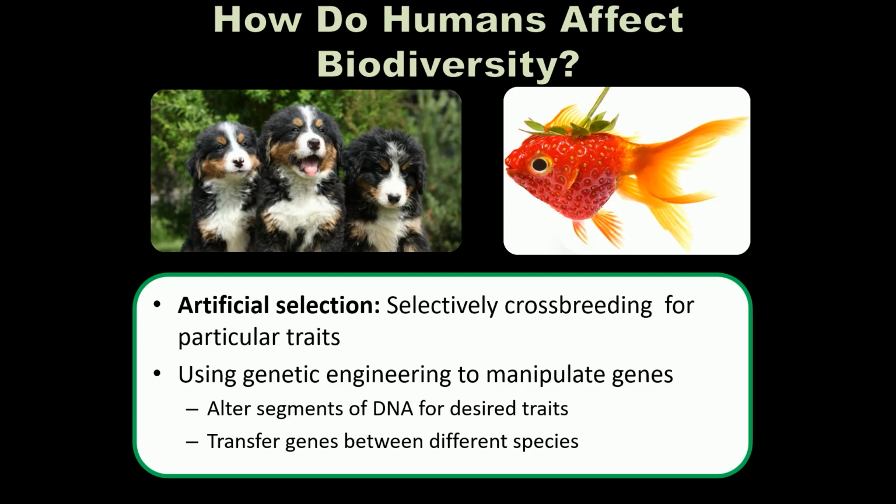Artificial selection is humans deciding which organisms in a population are going to be the ones that breed every generation. So instead of some trait innately giving them an advantage in reproduction, humans are just going to decide which ones are going to be the best breeders by not allowing the other ones to breed, and only the ones that have the desirable traits for humans are going to be the breeders every generation.